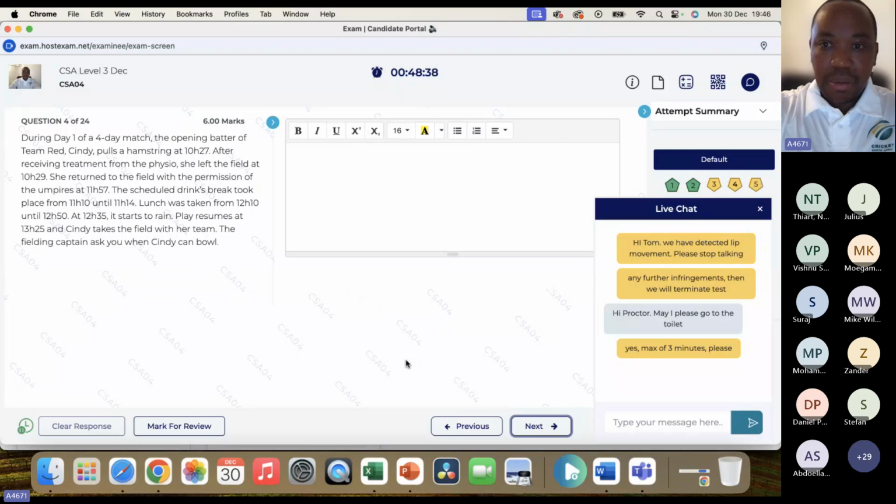When I come back to the website of the exam, I cannot paste, okay? And I should get a pop-up warning to say that I have left the screen.